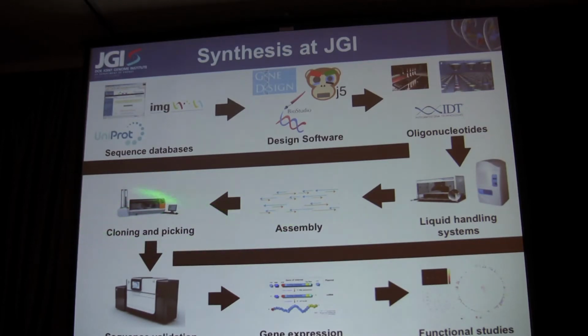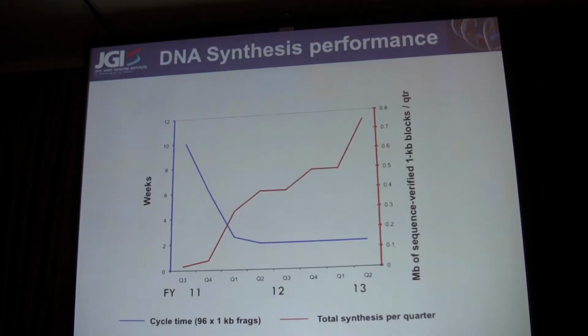Then our parts get pooled, and we do our sequence validation using next generation sequencing technologies. And then once we're happy that we have what we want, then this can go into a write vector, and then it can be used for the high throughput characterization.